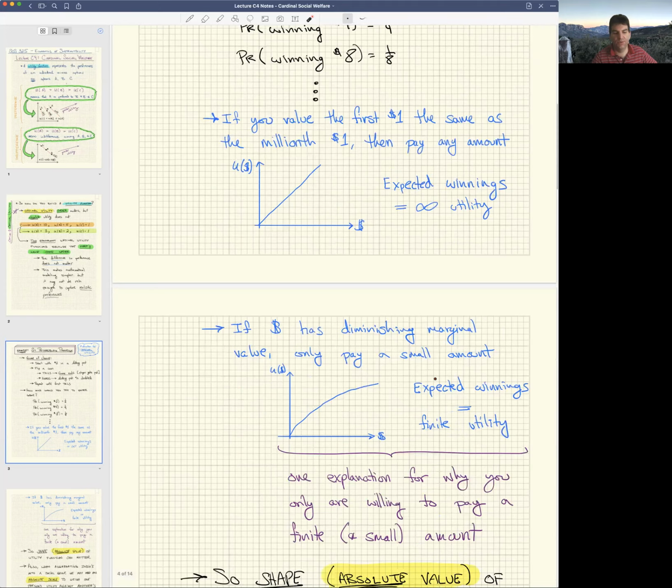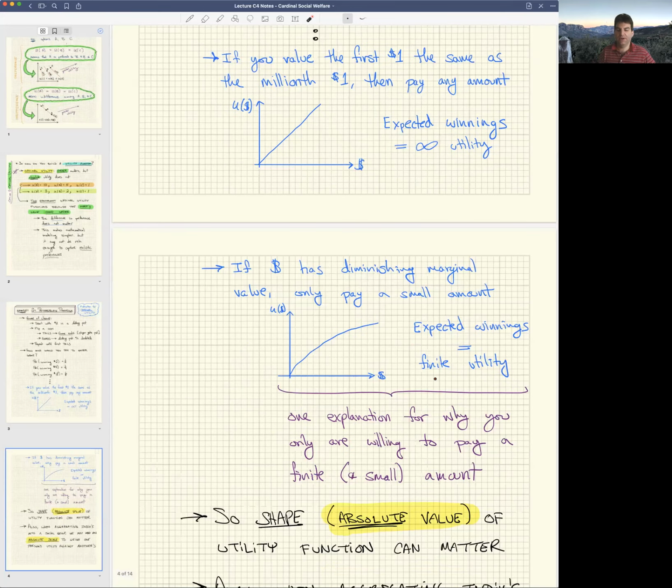Now, the thing is, in reality, money appears to have diminishing marginal utility. If I have no money, then the first dollar might be worth a lot to me, so we'll call the first dollar worth $1 to me. But once I have $1, then the next dollar isn't quite worth a full dollar to me in my old dollar sense.